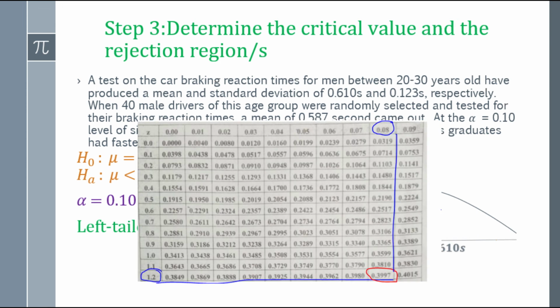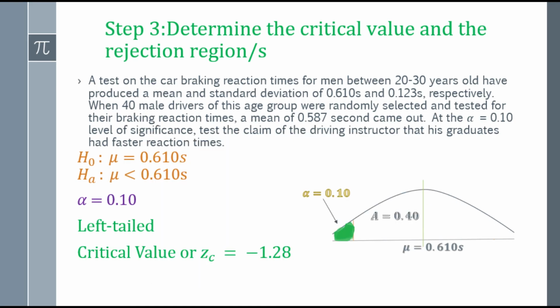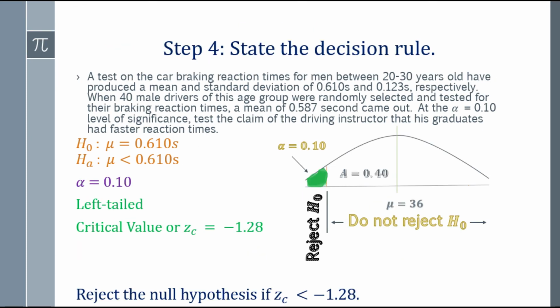And ang pinakamalapit daw sa table ay nasa 0.3997. So, that will be 1.2 plus mo ng 0.08. So, the C-value will be negative 1.28. Ito yung tabular C-value natin. Okay, so ito yung critical value. Negative tayo kasi left-tailed.